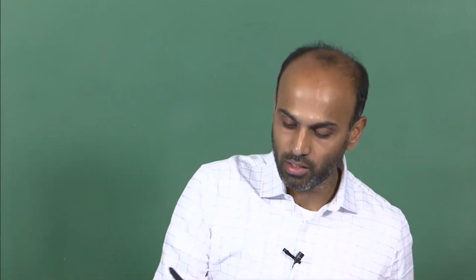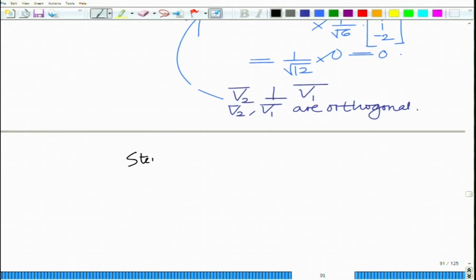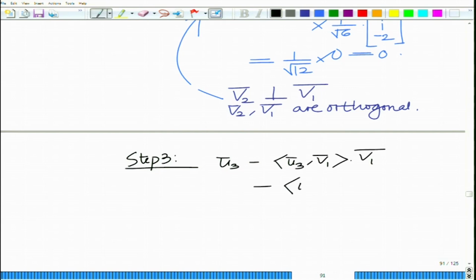Now, step 3 is again very similar. So, V3 tilde is U3 bar minus the projection of U3 bar along V1 bar into V1 bar, minus the inner product of U3 bar and V2 bar times V2 bar.